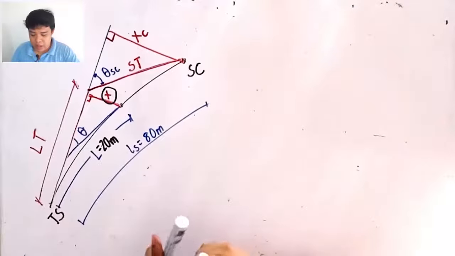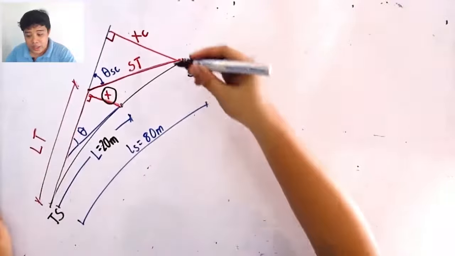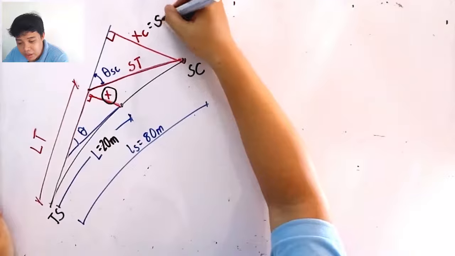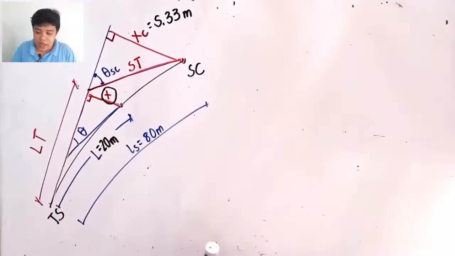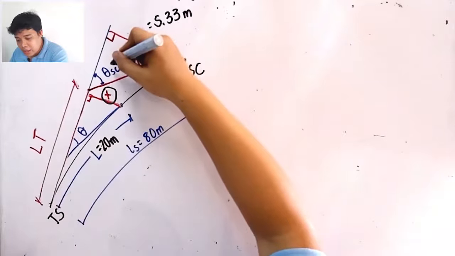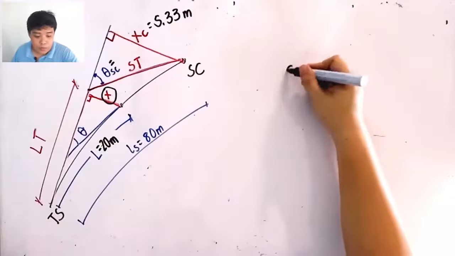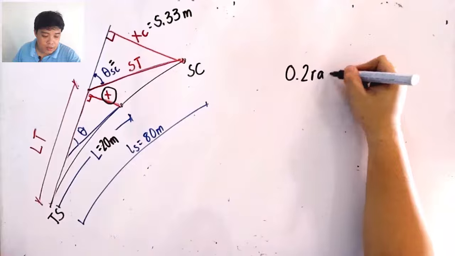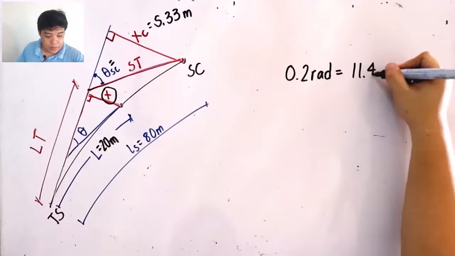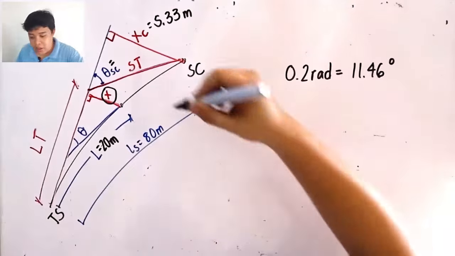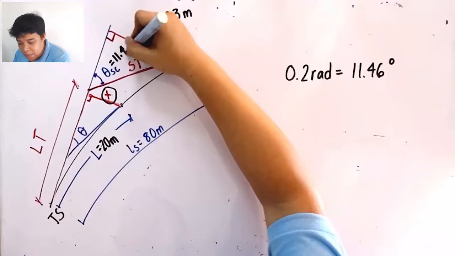Short tangent is very easy because we already calculated the value of X sub C, which is equivalent to 5.33 meters. And we calculated that the theta at SC is equal to 0.2 radian. And 0.2 radian in degrees is equivalent to 11.46 degrees. So let me put it here, 11.46 degrees.